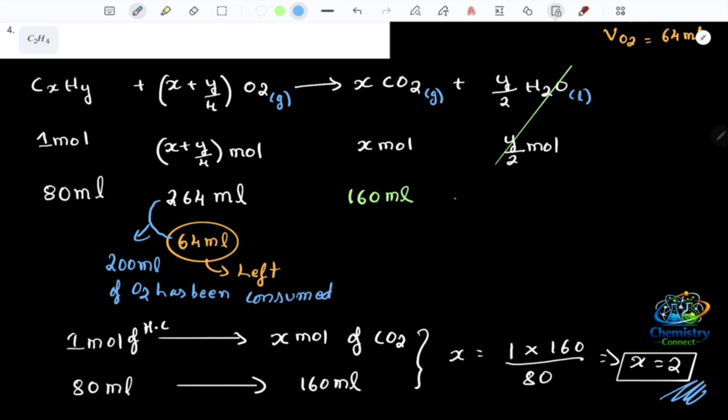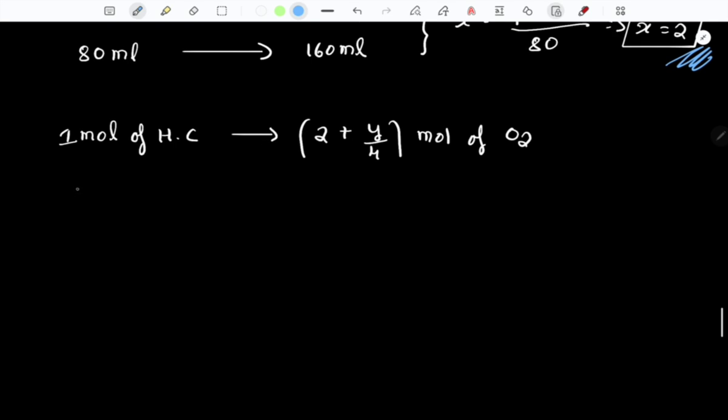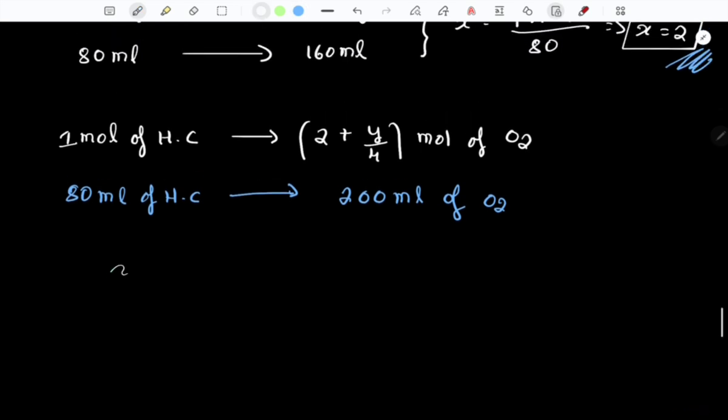So from this it is very clear that 80 ml combines with 200 ml of oxygen. Let me write it. So 80 ml of hydrocarbon combined with 200 ml of oxygen.